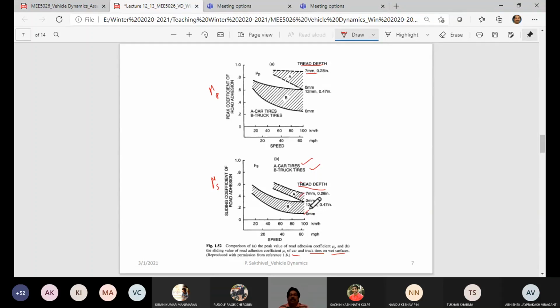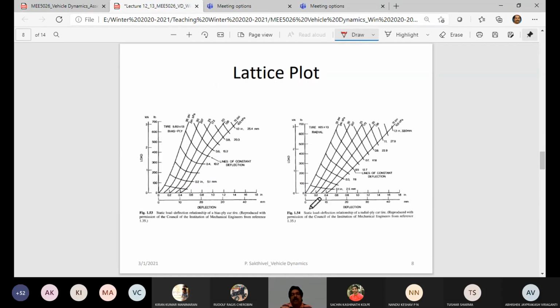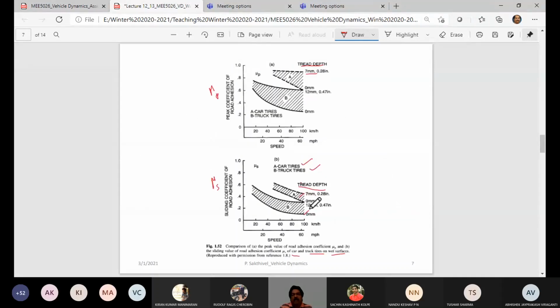This kind of observation of results brings in a picture that easily makes us remember these variations in our mind. And these are all something that I would like to talk about on tire performance on wet surfaces.